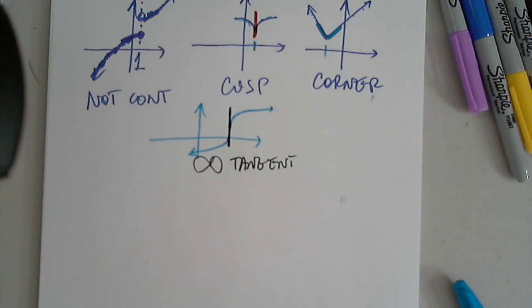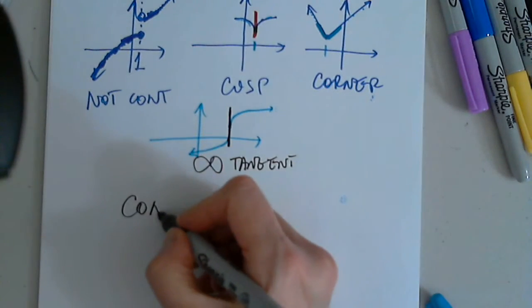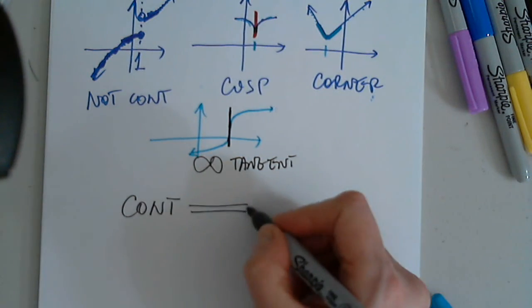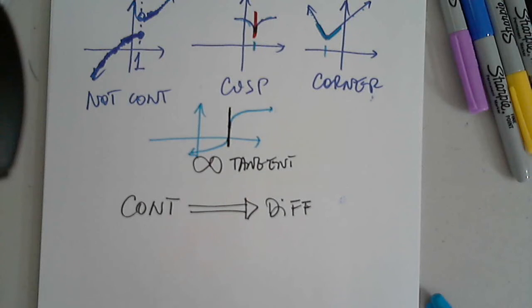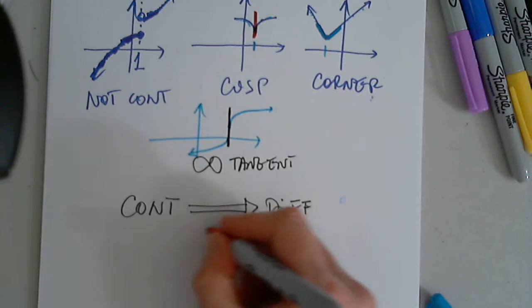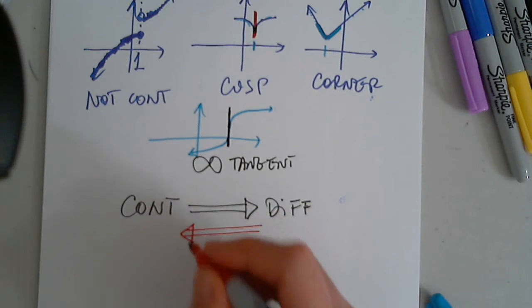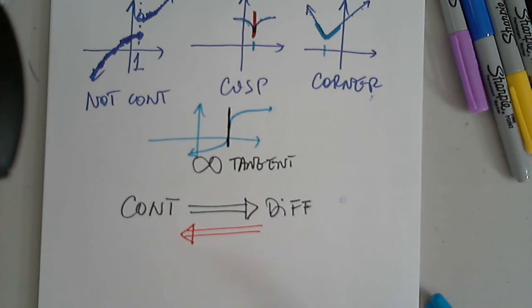So here's a question for you. If a function is continuous, does it imply that it's differentiable? If a function is differentiable, does it imply that it's continuous? Who said no for the first one? I did. Excellent. Here's why.